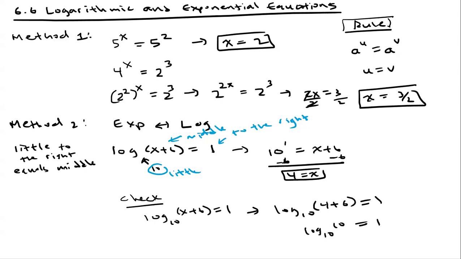And remember one of the properties: if these are the same, this is to the power of 1, then the answer would just be that 1. So check. So this is going from a log function to an exponential equation.